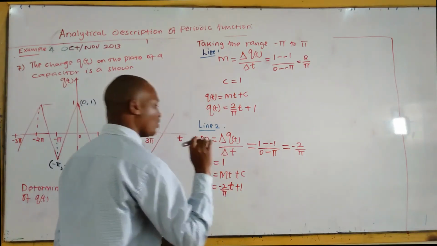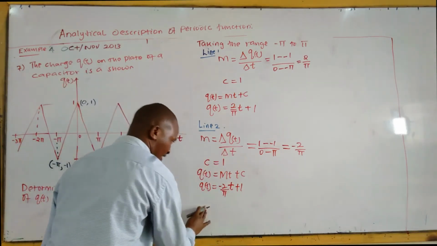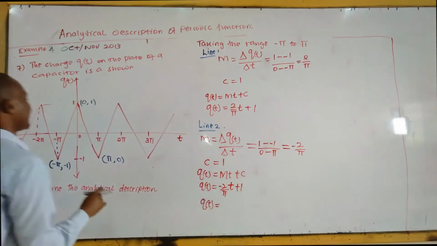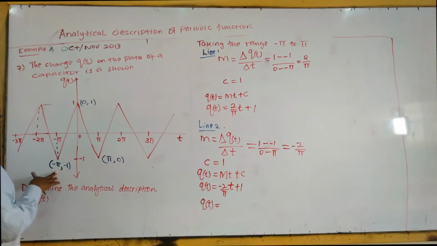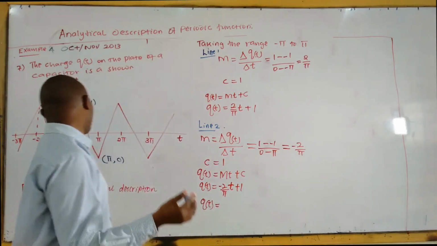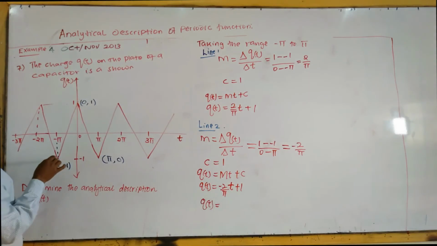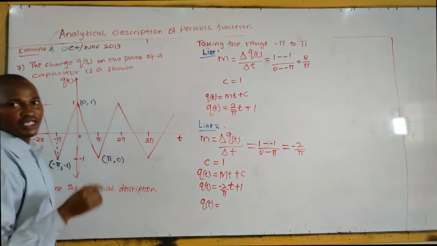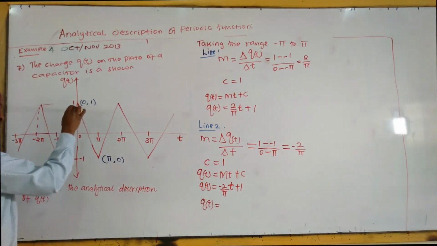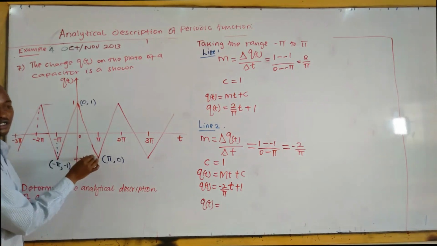Now we do it again. We also know that Q of t is periodic with 2 pi. After every 2 pi radians, the function starts repeating itself. You can see here, at this point where we have considered our period to be starting, we are starting by going up, and then we go down to finish one period or one cycle.